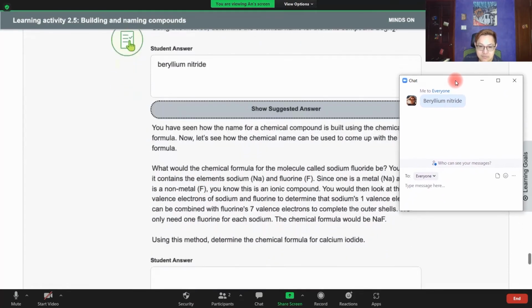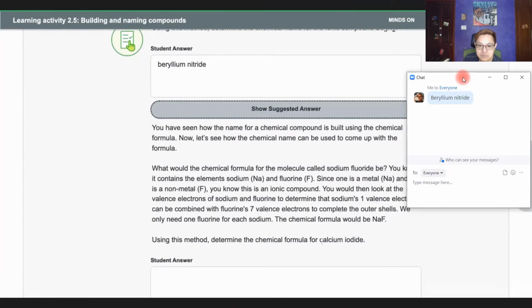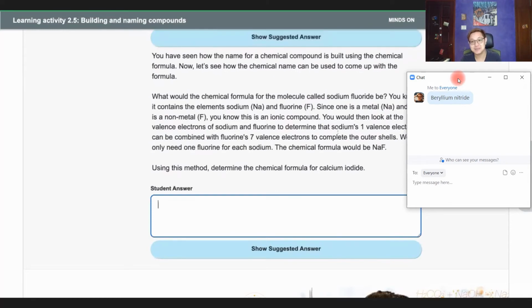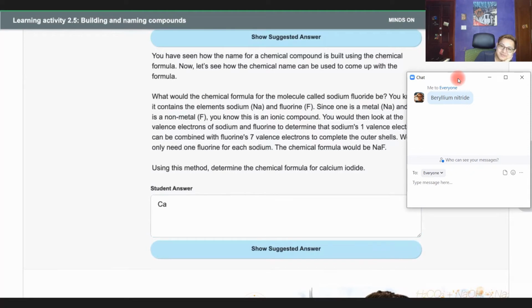Using this method, determine the chemical formula for calcium iodide. You do it. Calcium iodide. First, see which groups they belong to. First is the Ca, and iodine, where is it?